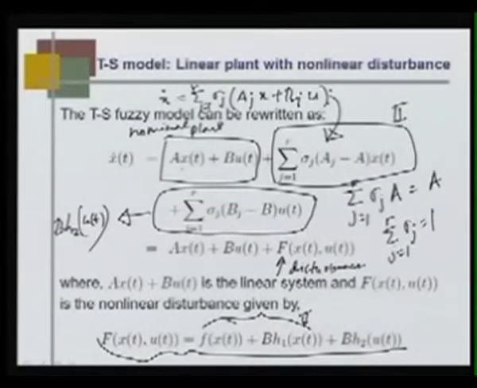This is the first part, the nominal plant, and this f x t is the disturbance, and the disturbance has 3 components, whose first component is this one, sigma j b j minus b u t, j equal to 1 to r, and the second component, f x t plus b h 1 x t, is this component here.